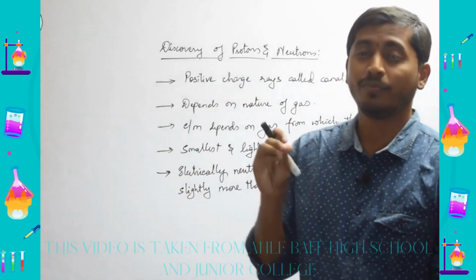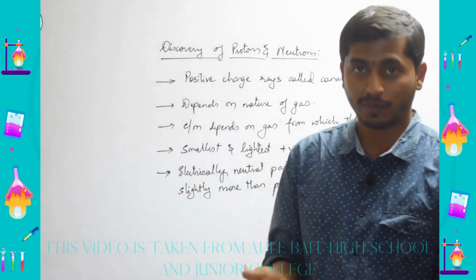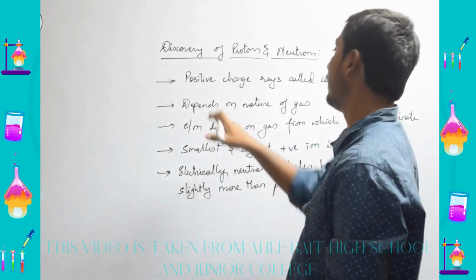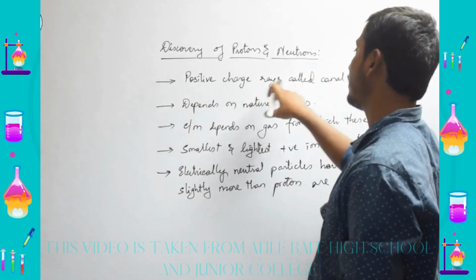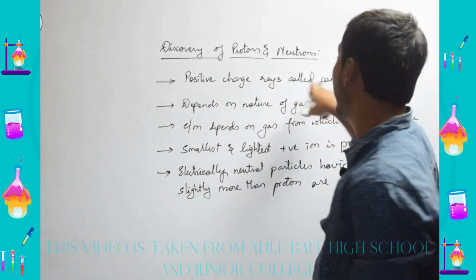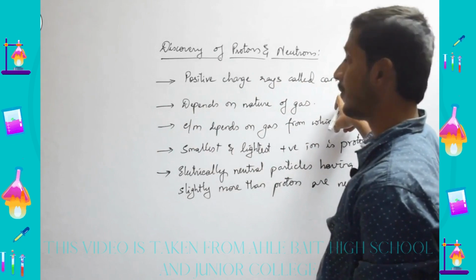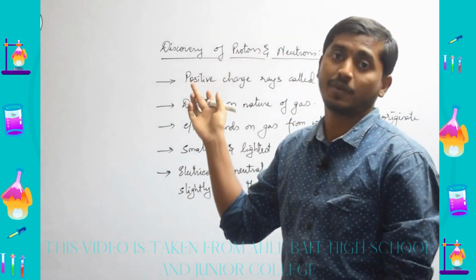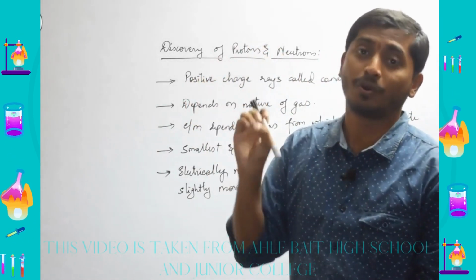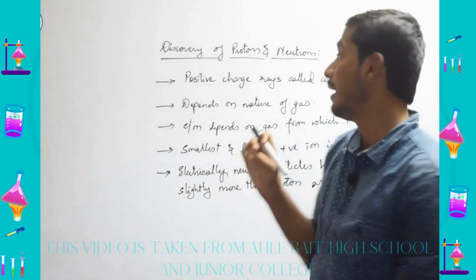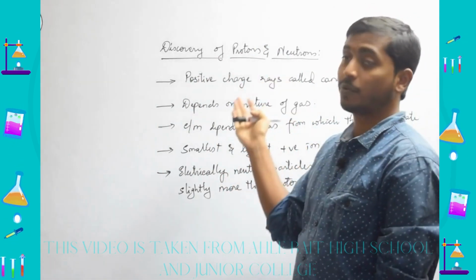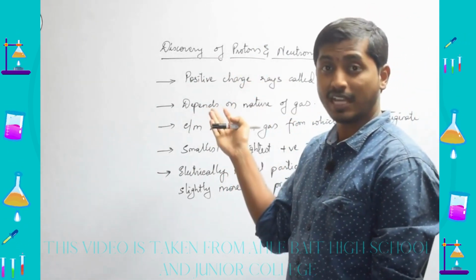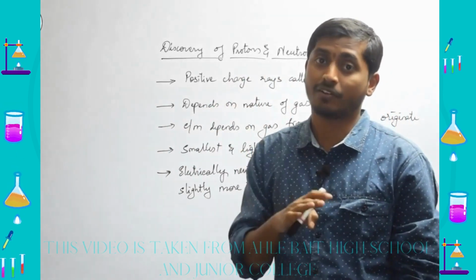In that discharge tube, after doing many more experiments, they could find a few positive charge rays, which are called canal rays, right. And these positively charged particles they defined as protons, right. These protons, these positively charged particles, are not like electrons.